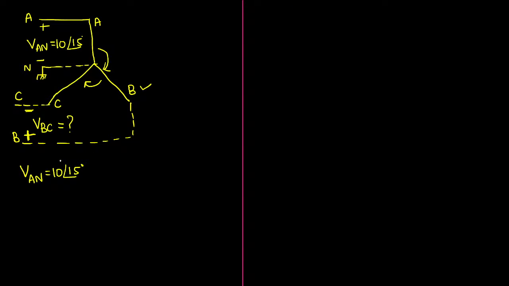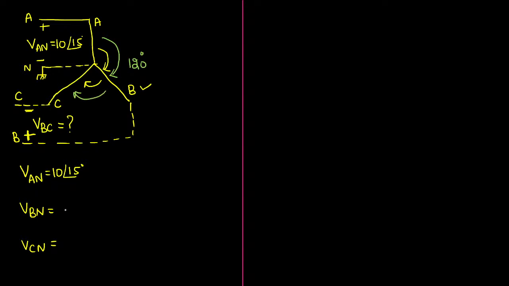Fine, sir. Now, I'm just asking you, can you write down the expression for VBN? Can you write down the expression for VCN? Is it possible? If it is possible, please do it. I can write the expression for VBN. How do I write it? VBN can be strictly written as, when we are going from A to B, B will be 120 degree lagging from A. C will be 120 degree lagging from B. Yes or no?